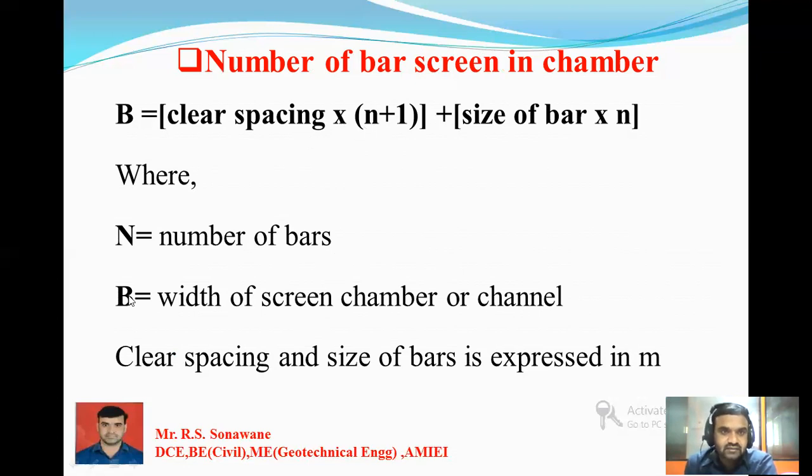Please correct that. And B is the width of the screen chamber or channel, and the clear spacing and the size of the bar are expressed in meters.